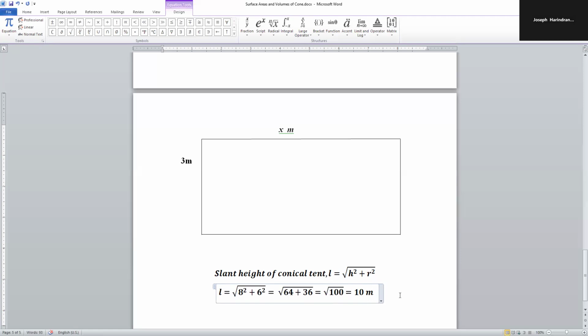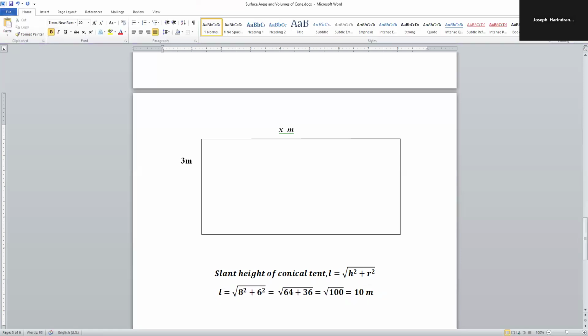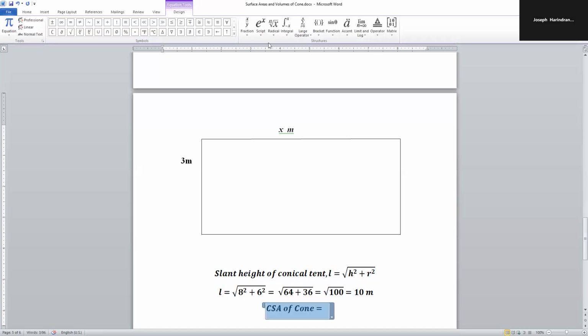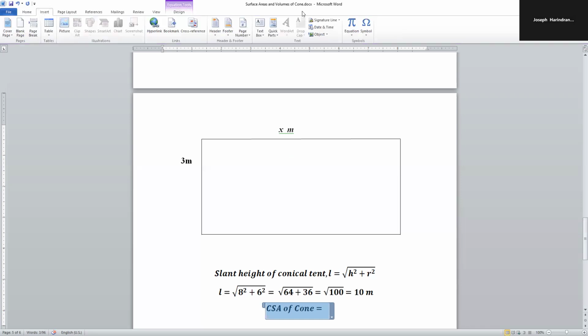Now, once you know the slant height, you can easily find out the CSA. So CSA of the cone can be found using which formula? Pi R L. So you can easily find out the pi R L here. We use 22 by 7 over here because no mention is made in the question regarding this, isn't it?